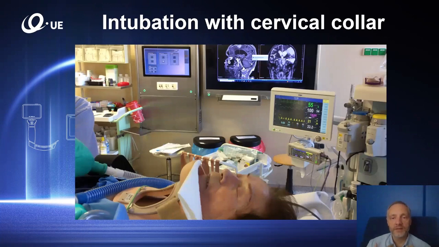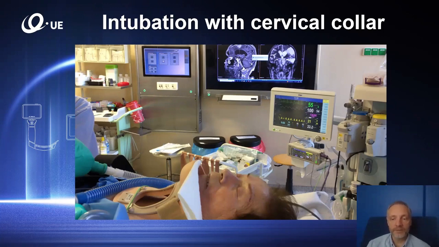Patients with the cervical collar, because of some injury of the cervical spine, are also a challenge for the intubators. In this movie, you can see that the patient could be intubated with the UED-A video laryngoscope without removing the cervical collar.